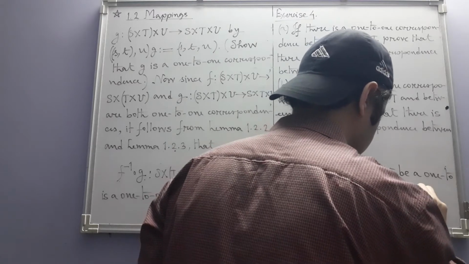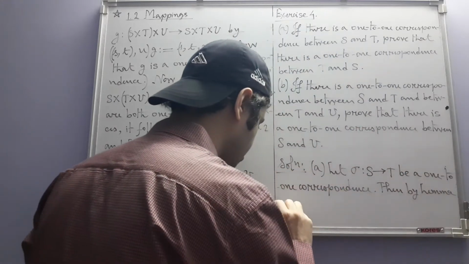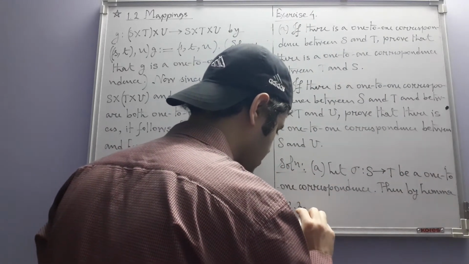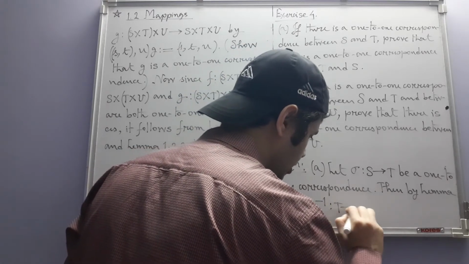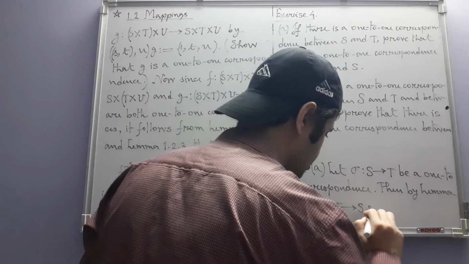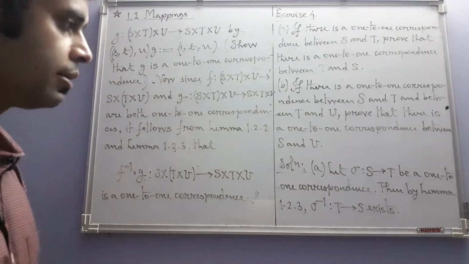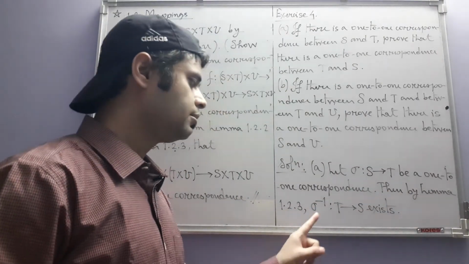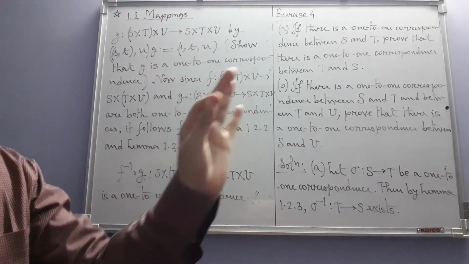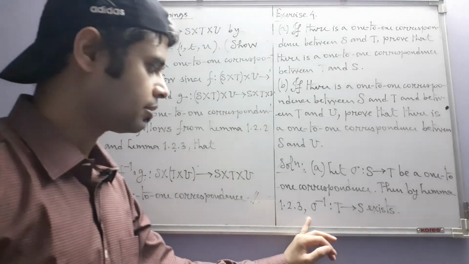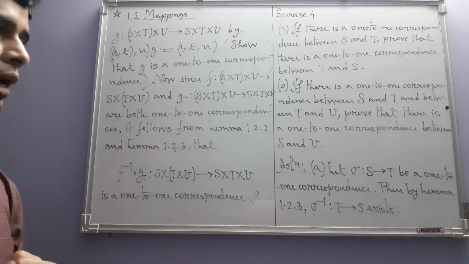Then by lemma 1, 2, 3, sigma inverse from T to S exists, such a function exists. Note that lemmas 1 to 3 just simply say that sigma inverse exists. But the fact that it is also a one-to-one correspondence, we have to actually prove that.